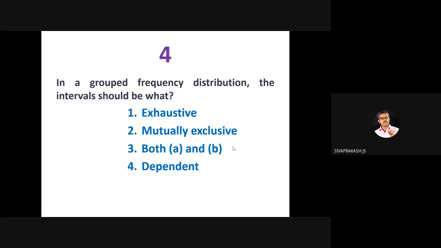Question number 4. In a grouped frequency distribution, the interval should be what? Exhaustive, mutually exclusive, both A and B, or dependent. Both A and B, both 1 and 2.